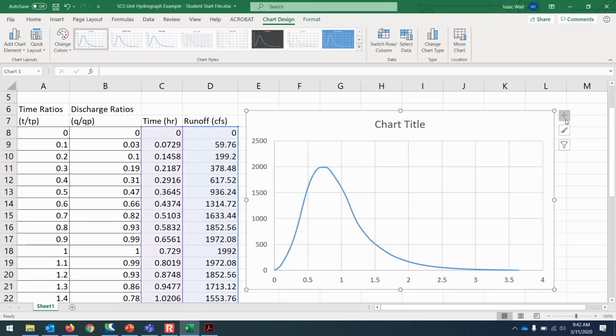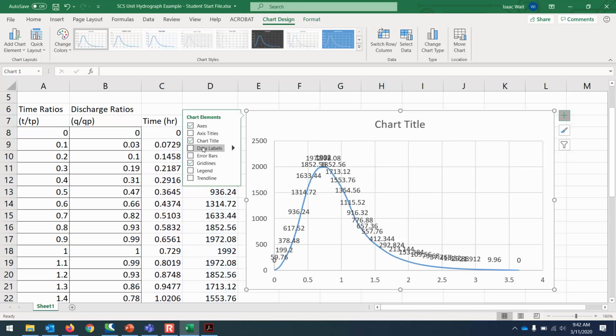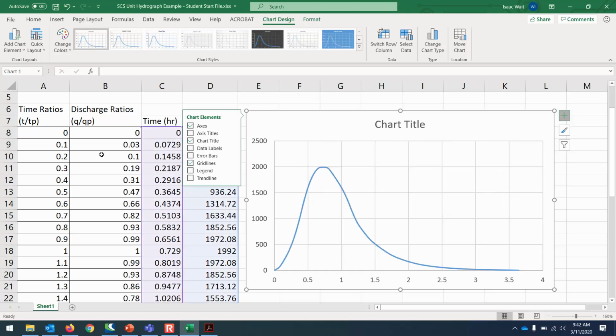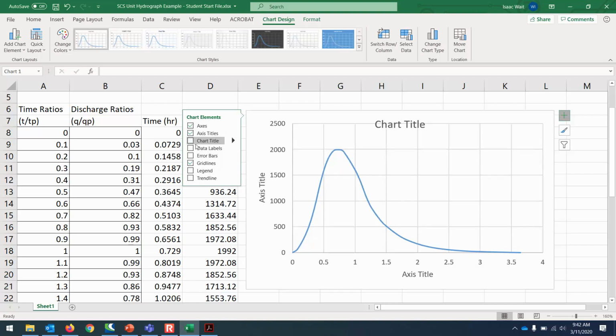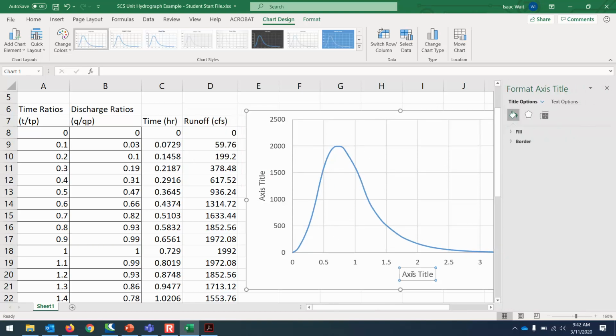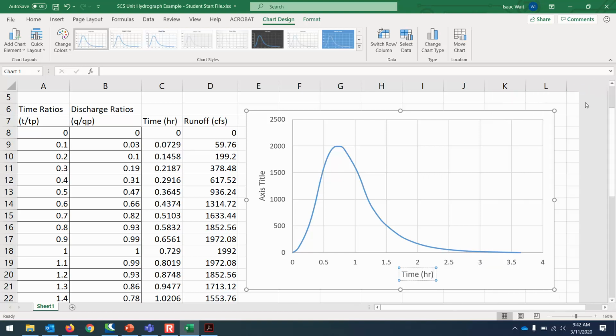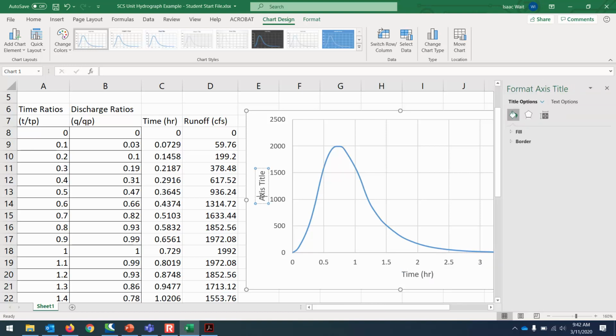And then it's always good to add axis labels, certainly more important than the chart title. So this would be time since the rain starts, where 0 means when the storm begins, and then this would be the runoff in CFS.